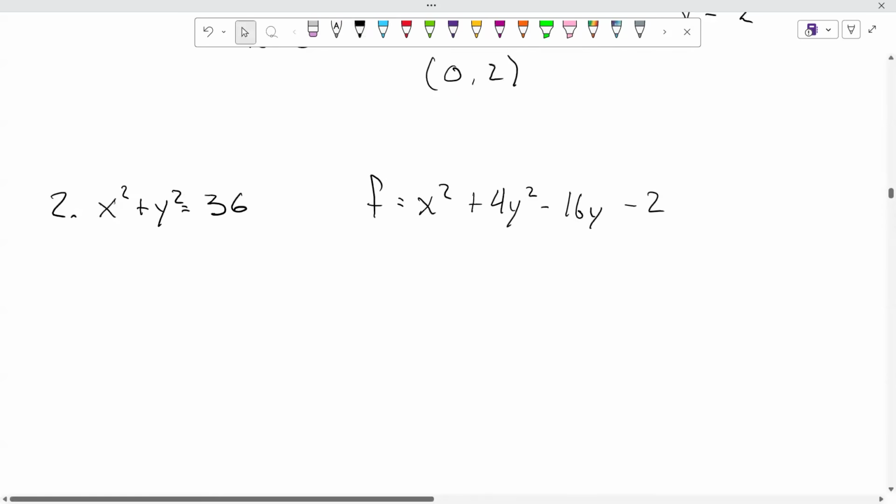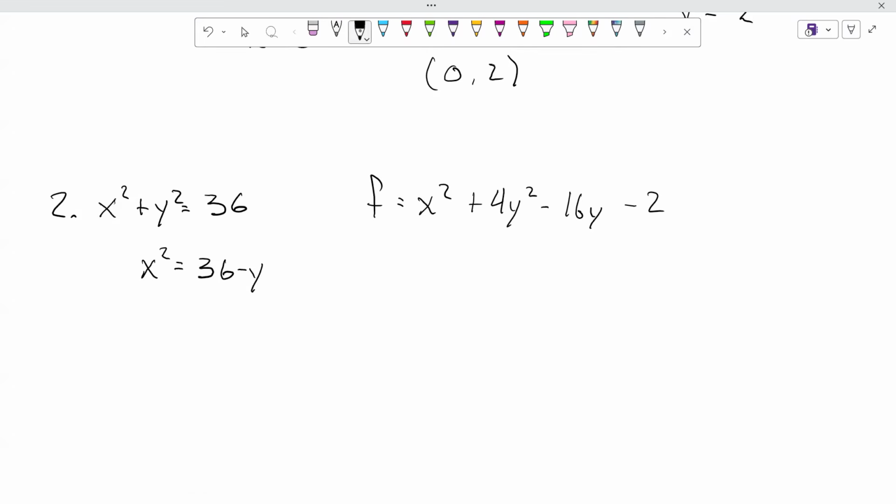And a handy trick I'm going to use over here is rather than solving for x directly, I'm just going to substitute for x squared because I don't want to deal with a plus and minus. Really, because it's a circle, this is a pretty solid equation to try to use Lagrange multipliers on, but I've got that method worked out on the right, so I'll just talk about it in a second. I can do it without Lagrange multipliers.